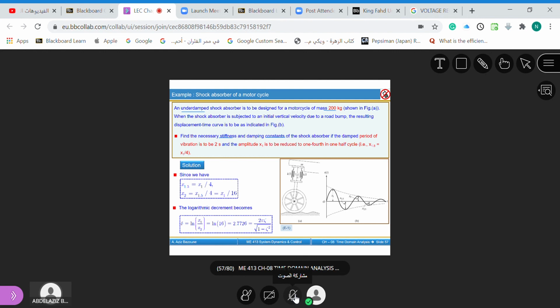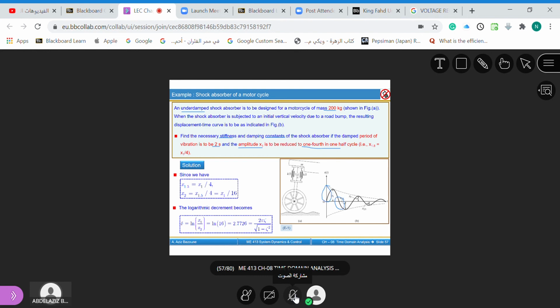If the damped period of vibration is 2 seconds, the amplitude x1 is to be reduced to 1/4 in 1/2 cycle. So here Shabab, what do we have? We don't have a full cycle, but they gave us the relationship between half cycles. So we can find the relationship between the first amplitude and the second amplitude, this one.